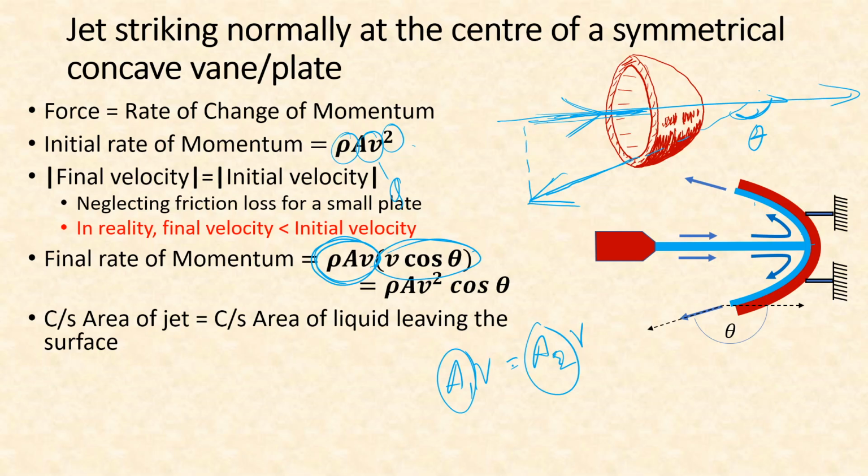Now if we want a better idea of what a1 and a2 are, a1 is simply the area of the cross section of the jet.